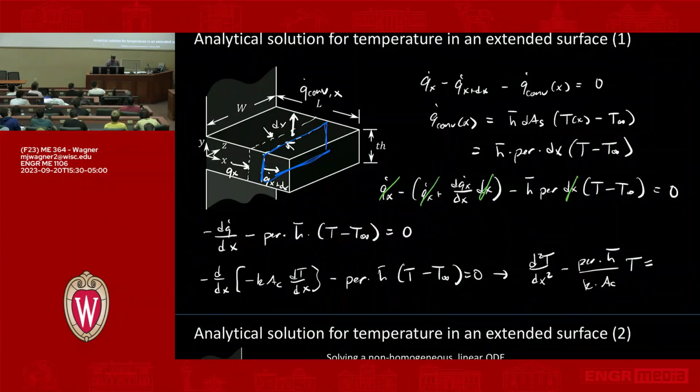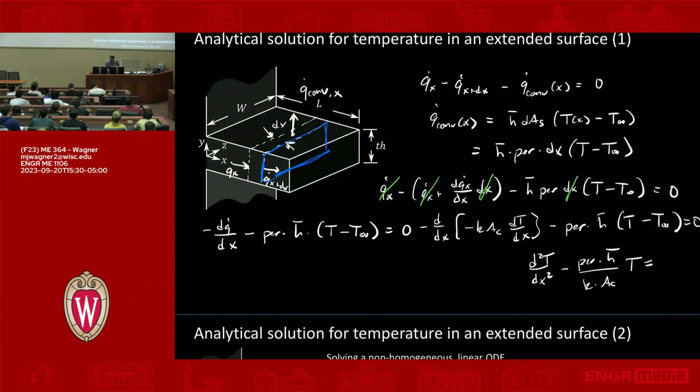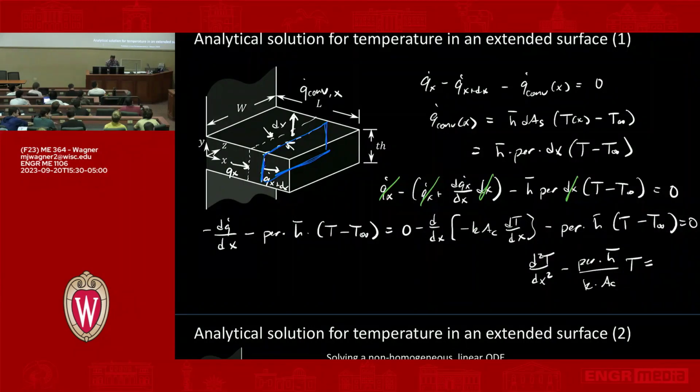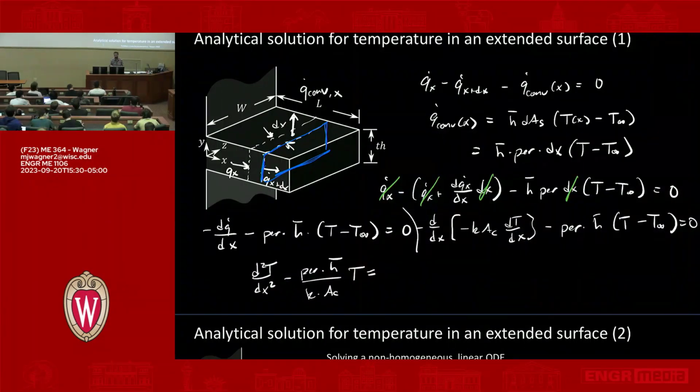Let's move that over here. Okay, sorry, this is not going exactly how I wanted it to. Let's move this over. But I want you to see the complete final answer. So d squared T/dx squared minus perimeter h bar over k Ac times T, equals, on the right-hand side, minus perimeter h bar over k Ac times T infinity.